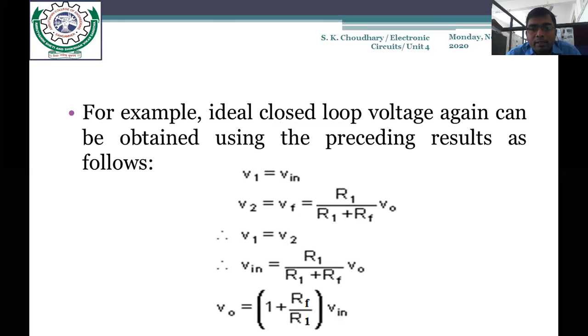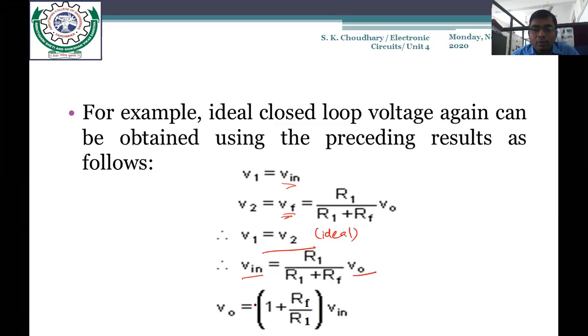Ideally, closed loop voltage gain, again you can calculate that V1 is equal to Vin, V2 is equal to Vf, which is R1 upon R1 plus Rf into V0, that we have already discussed 2 or 3 slides before. And here we have assumed that V1 is equal to V2. Ideally, if it is so, Vf becomes Vin. So Vin is equal to R1 upon R1 plus Rf into V0.